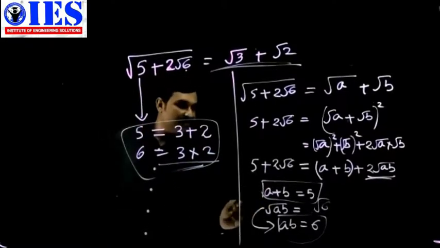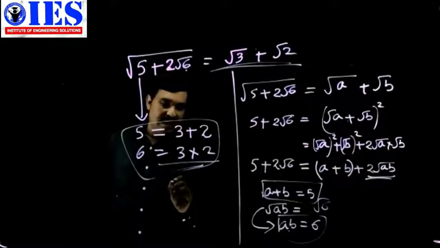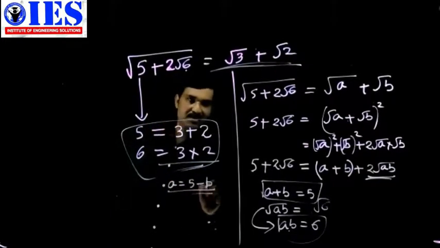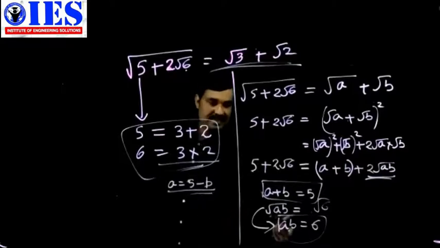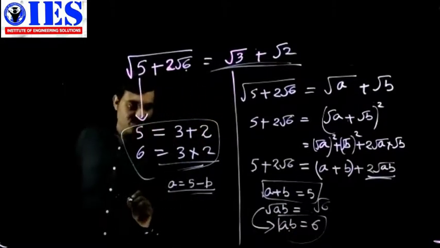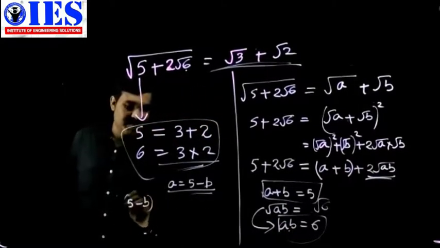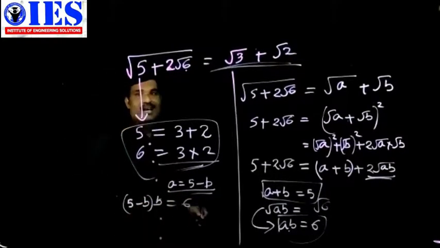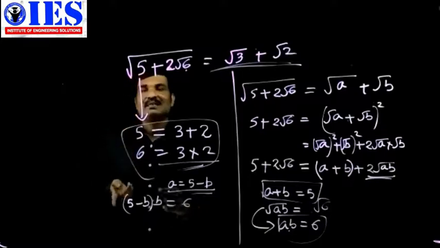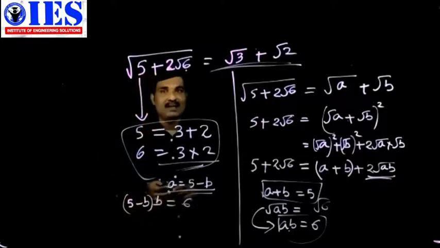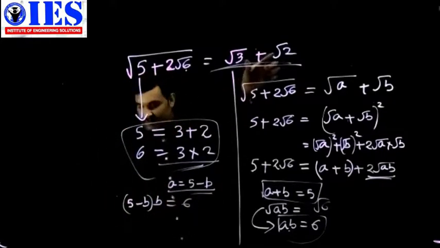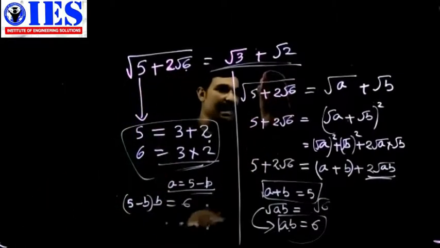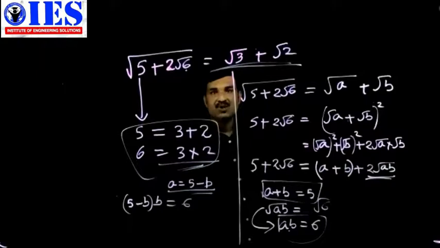So from here, we can write a is equal to 5 minus b. Now substitute the value of a in this equation. We can write 5 minus b multiplied by b equal to 6, right? Now solving for a and b, you will get the solution 3 and 2. So this is the actual method for finding the values of a and b.